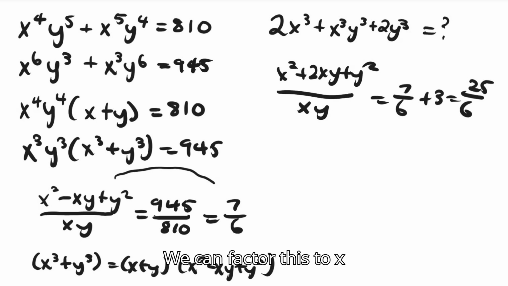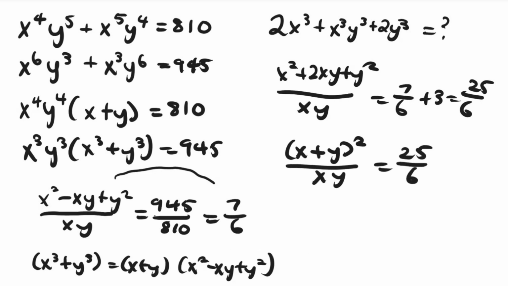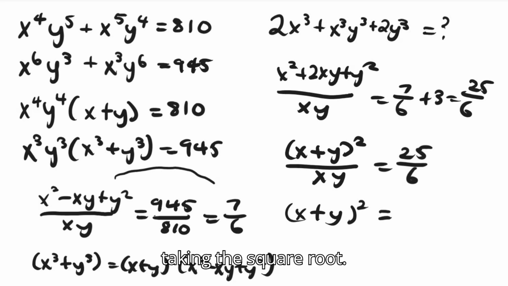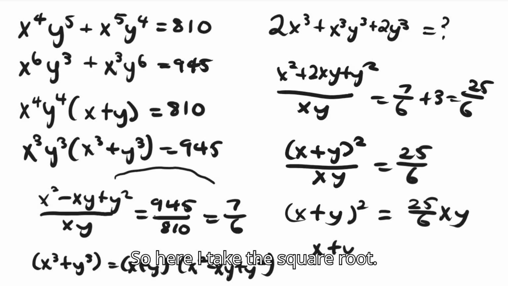We can factor this to x plus y squared over xy equals 25 over 6. We can solve for x plus y by multiplying both sides by xy and then taking the square root. So here I take the square root.